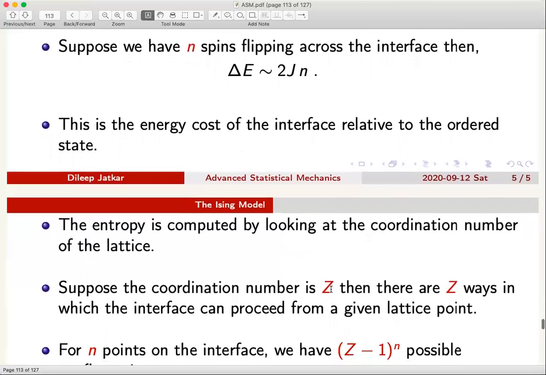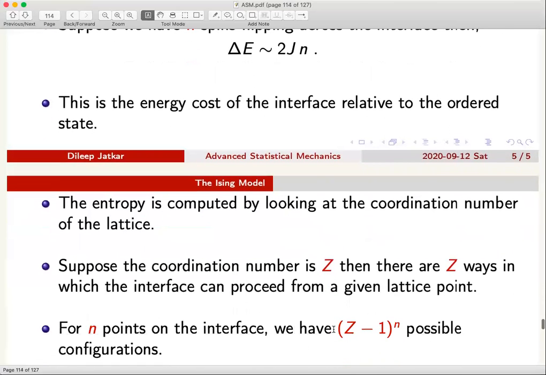We'll correct it in a moment: if you have a coordination number z for the lattice, then the number of directions in which the interface could go is z minus 1 actually. The reason is that the interface has arrived at that lattice site in some direction, so that direction is already gone. Your interface cannot go back in that direction again.